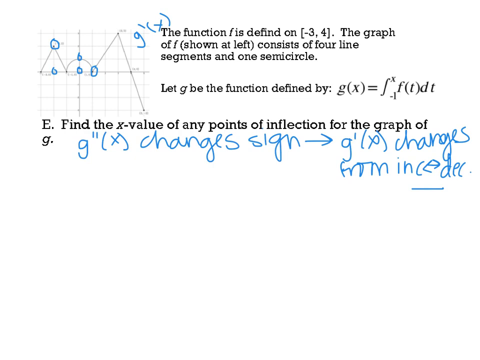Oops, we have a change from decreasing to increasing here at -1 also. And then a change from increasing to decreasing here at 3. X equals 3. So points of inflection are x equals, what did we find? -2, -1, 0, 1, and 3.